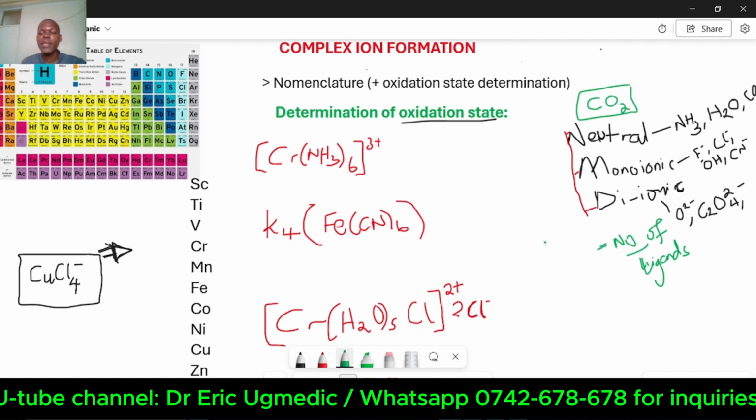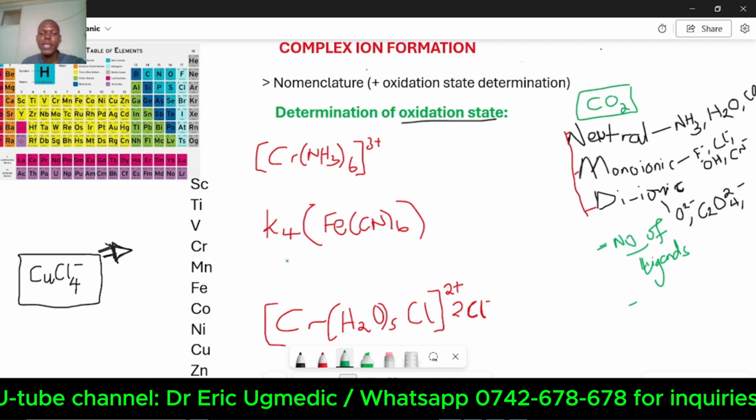And then after knowing the number of ligands, look at the overall charge of the complex. For example, what's the overall charge here? It's a plus 3, you get? What's the overall charge in carbon dioxide? It's 0 because it has no charge. Then if we look at this one, what is the overall charge? This one is a bit tricky in that the charge is actually hidden in this potassium.